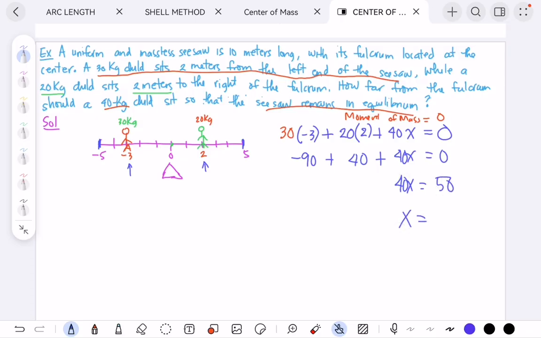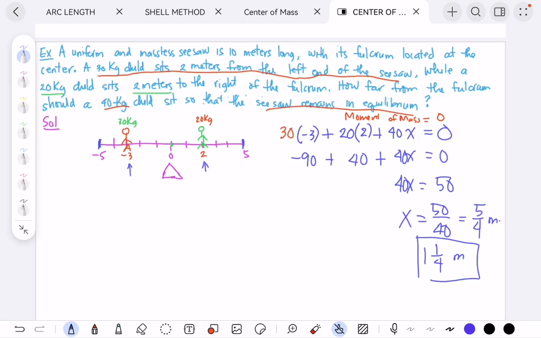So x is equal to 50 over 40, which is just 5/4 meters, or 1 and 1/4 meters.